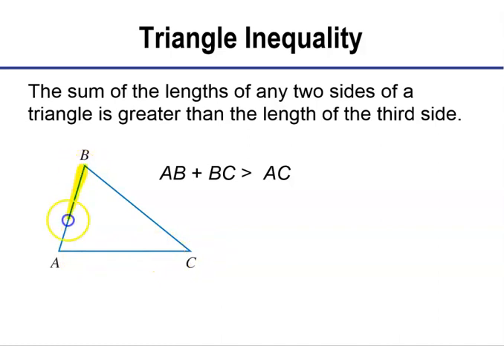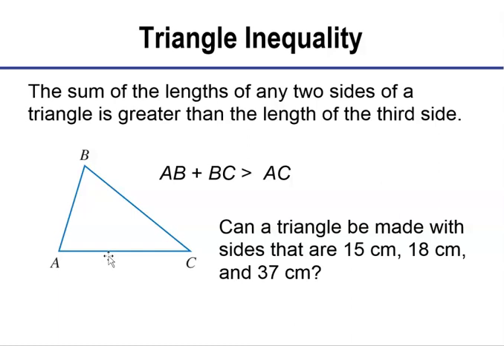So they're saying AB over here plus BC over here has got to be bigger than AC over here. It's got to be. Just think about walking it. If you walk from A to B and then B to C, that's got to be more than A to C. Why can't they be equal? Because that means B would be collapsed down on top of the line and you wouldn't have a triangle anymore.